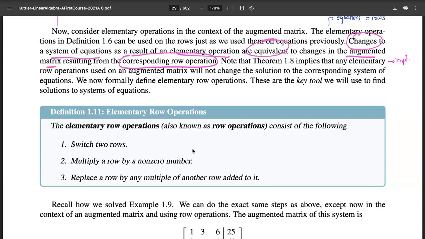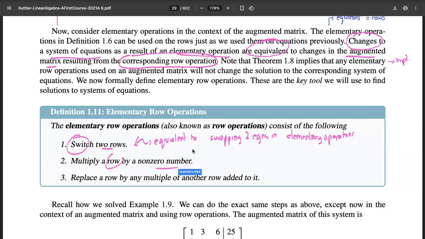Okay, now let's actually introduce the row operations. The elementary row operations consist of the following. We can swap two rows. Remember, this is equivalent to swapping two equations in elementary operations. We can multiply a row by a non-zero number.